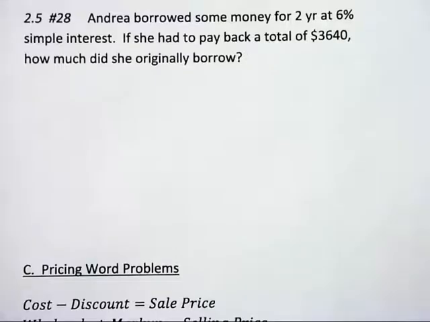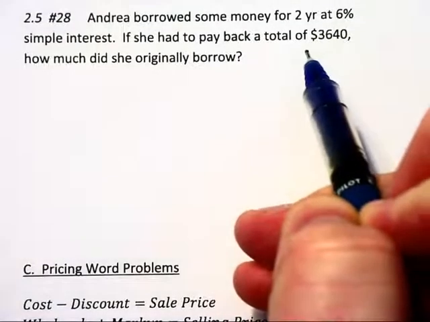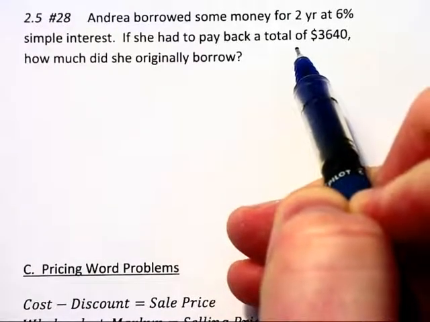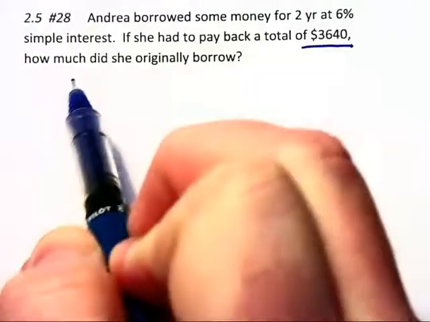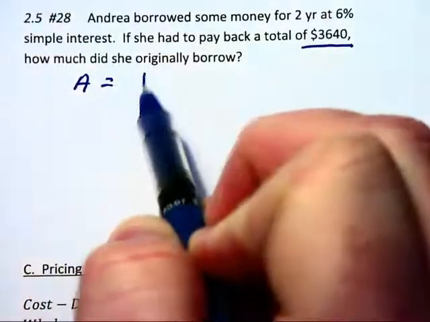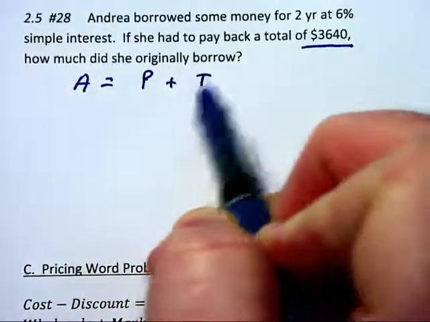Andrea borrowed some money for 2 years at 6% simple interest. If she had to pay back a total of $3,640, how much did she originally borrow? Notice that this $3,640 is both principal and interest. So I'm going to write the amount of money is principal plus interest.